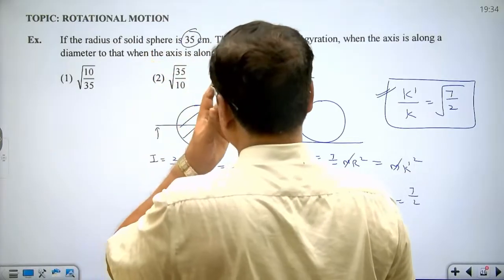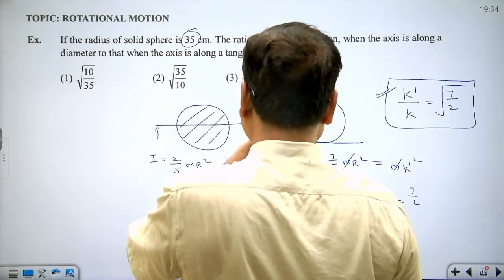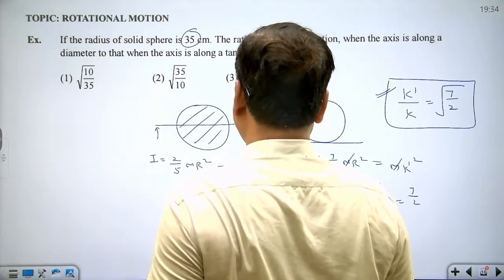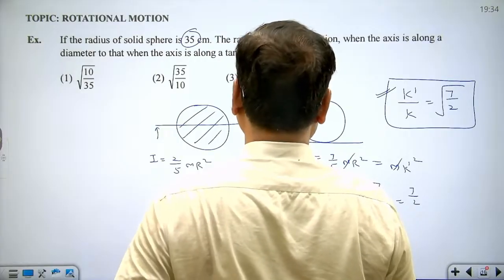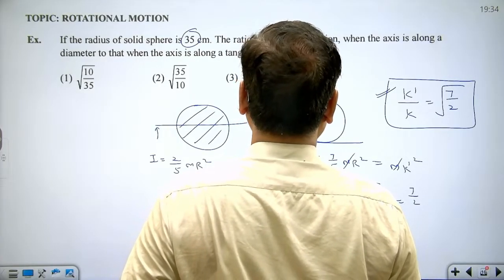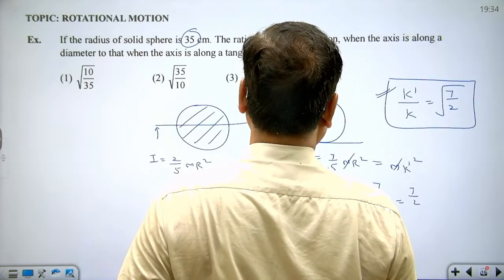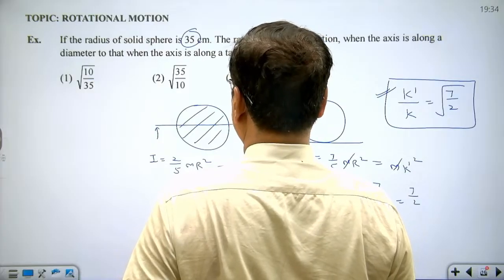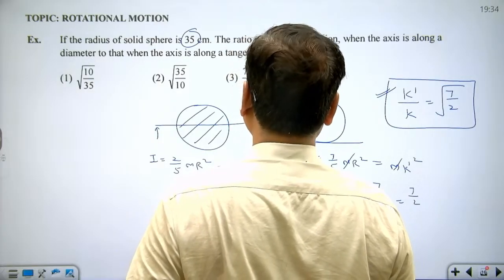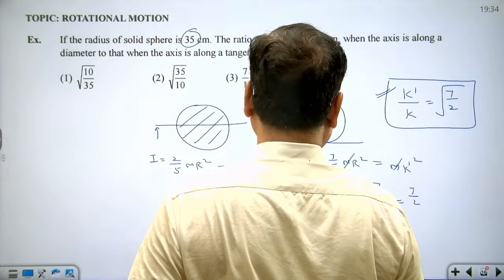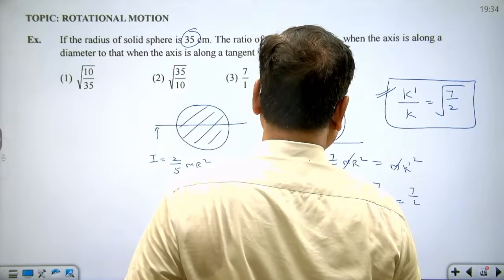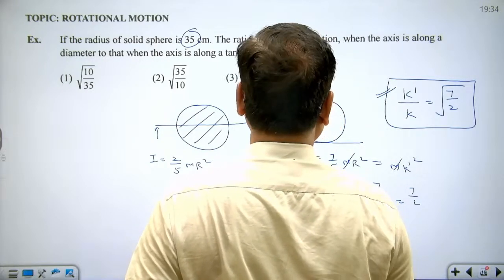But in the question, it is given that the radius of the solid sphere is 35 centimeter. So k square can be 2 upon 5 into 35 square. Ratio of radius of gyration when the axis is along a diameter to that when the axis is along a tangent, ratio will be like this. K dash upon k will be equal to directly under root 7 upon 2.